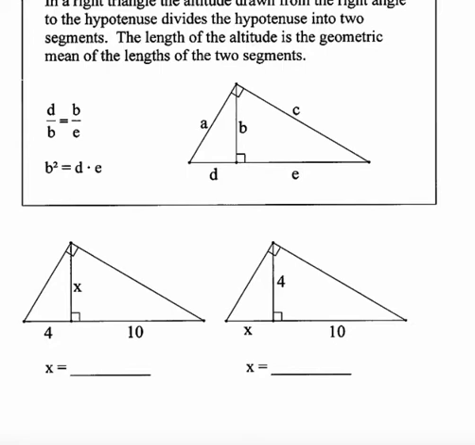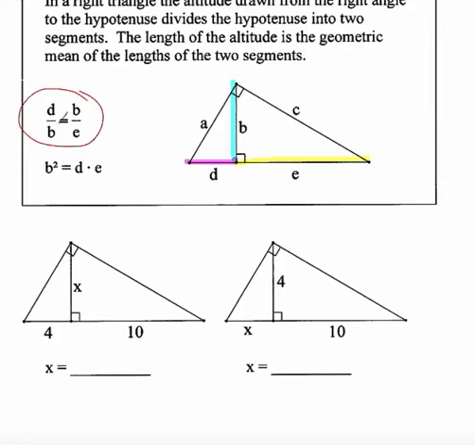So the theorem says, in a right triangle, the altitude drawn from the right angle to the hypotenuse, so we're talking about segment B, cuts the hypotenuse into two segments, segment D and segment E. The length of that altitude is the geometric mean of the lengths of those two segments, which means it's going to fit into this proportion.